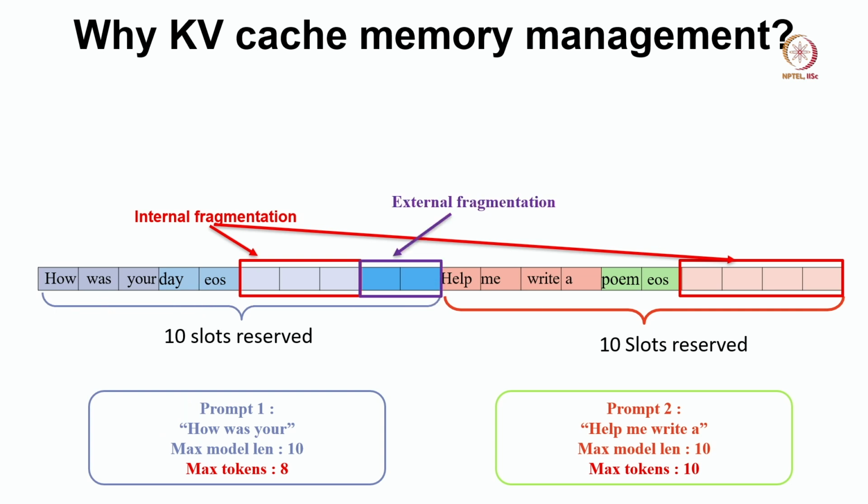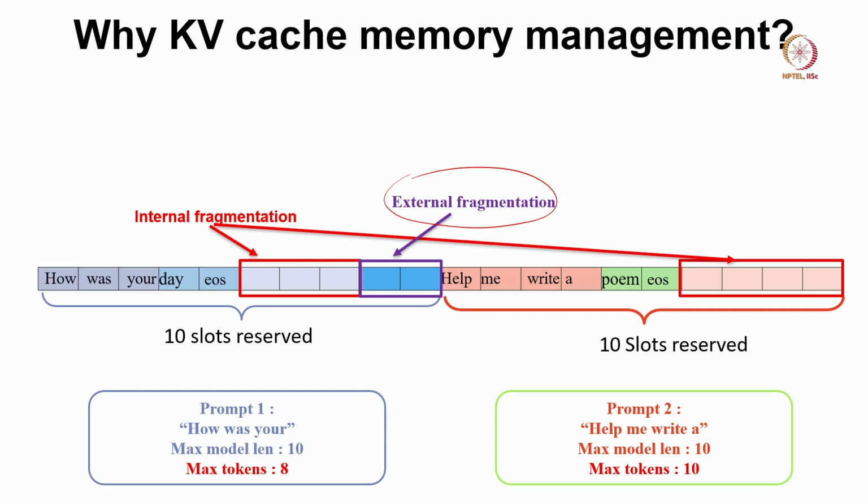Now there is something called external fragmentation also. Probably this problem might not be there in newer OS or newer GPUs, but let me first explain what external fragmentation is. Usually there are buddy allocators which allocate memory. Typically the memory allocation has to happen in powers of 2.